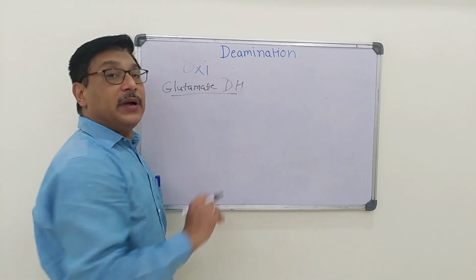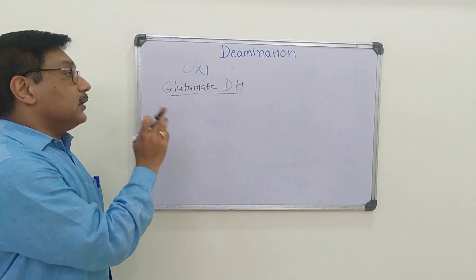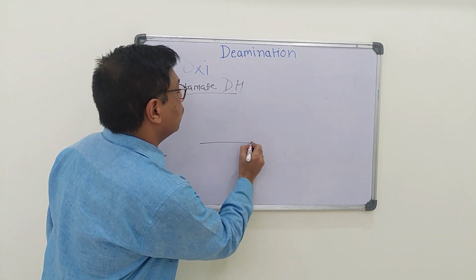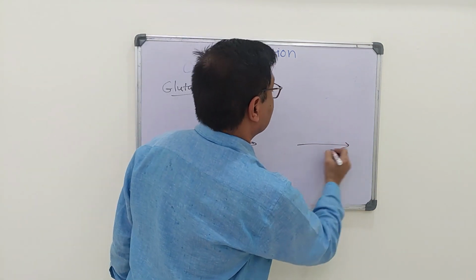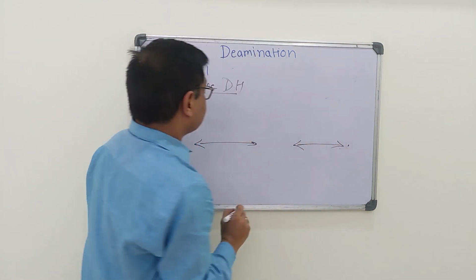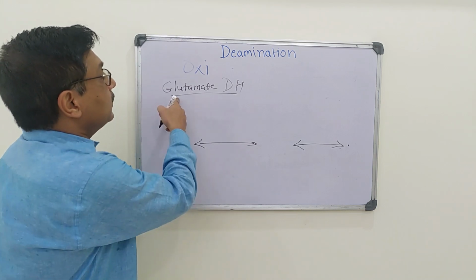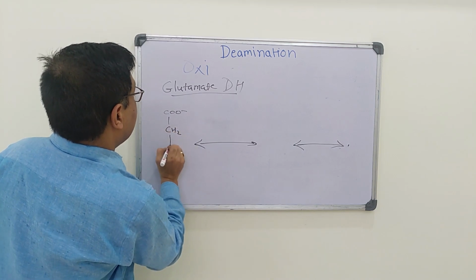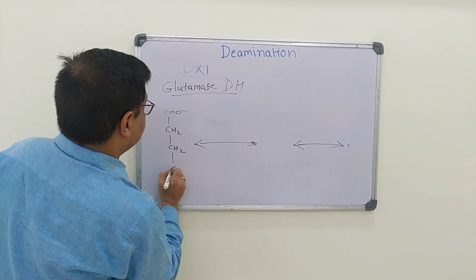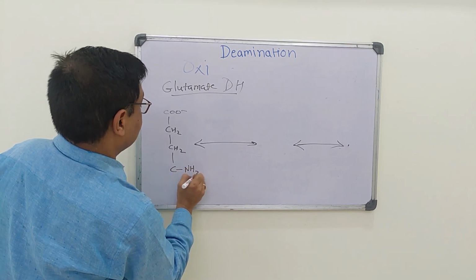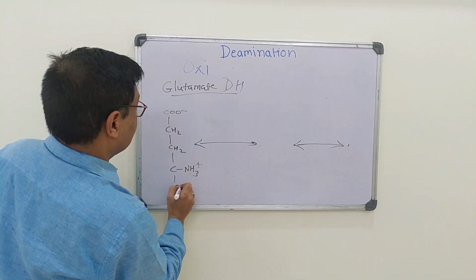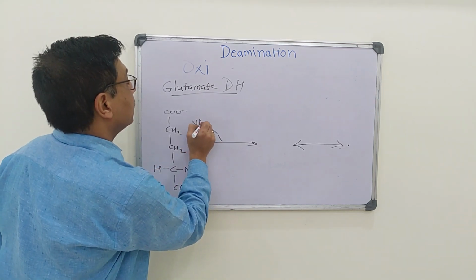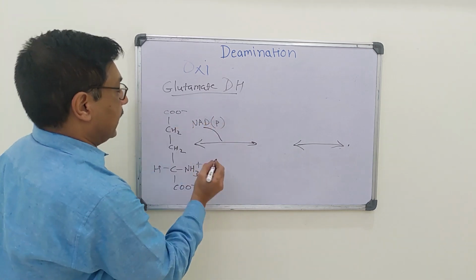So let us see glutamate dehydrogenase. As this enzyme is present in mitochondria of hepatocyte, it carries out the reaction which is reversible. The substrate is glutamate, and it can utilize NAD as well as NADP as coenzyme.